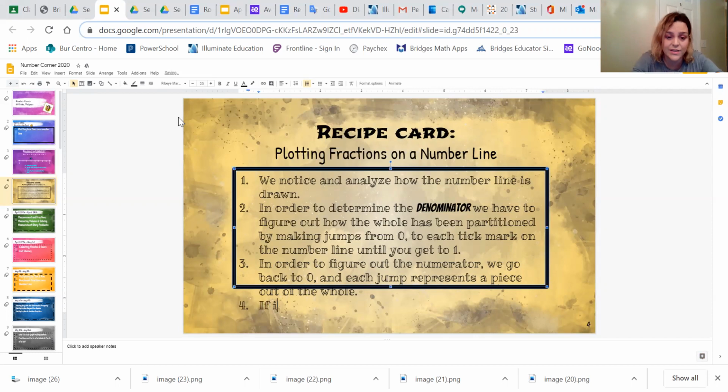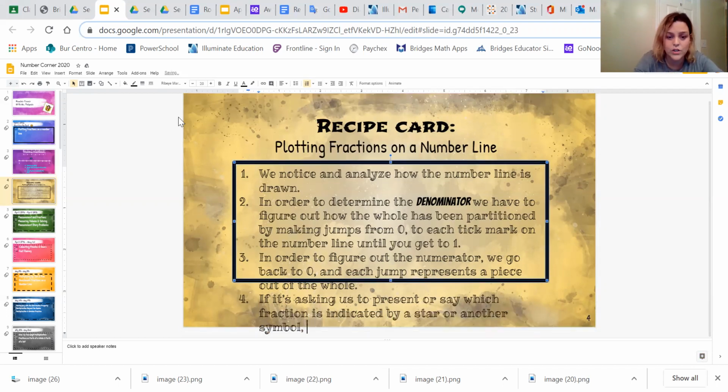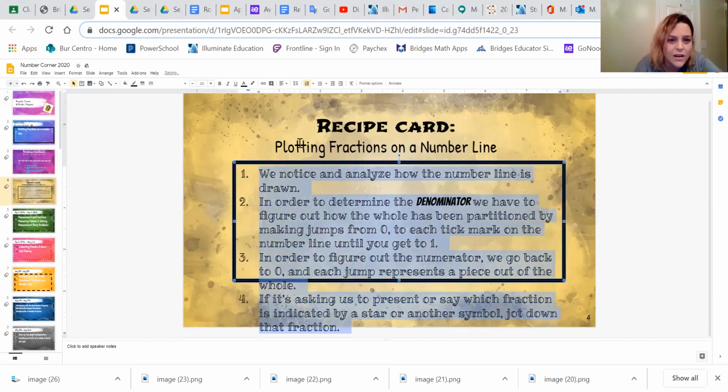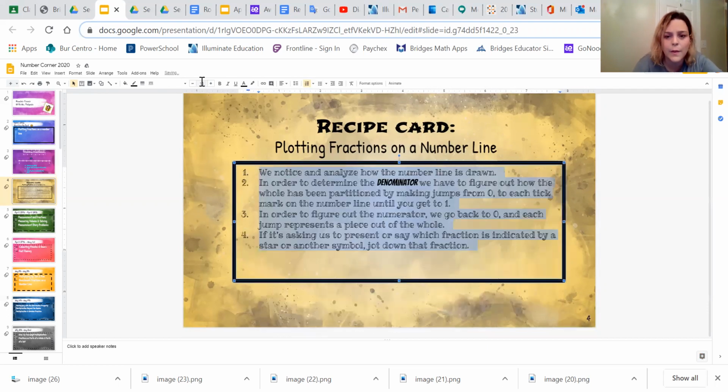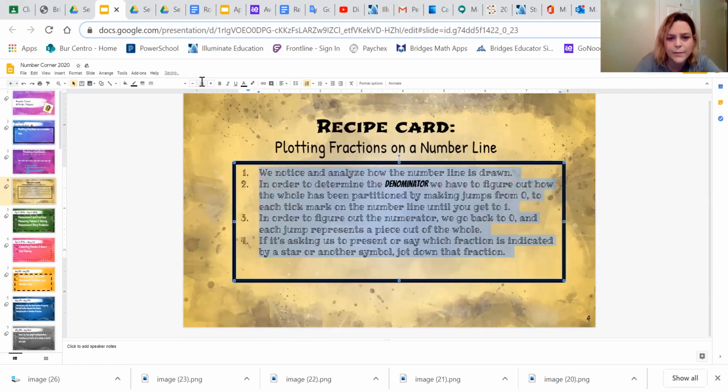Number 4, if it's asking us to present or say which fraction is indicated by a star or another symbol, jot down that fraction. Okay, I'm gonna make this a little bit bigger, maybe our font a little bit smaller, maybe a little bit bigger.